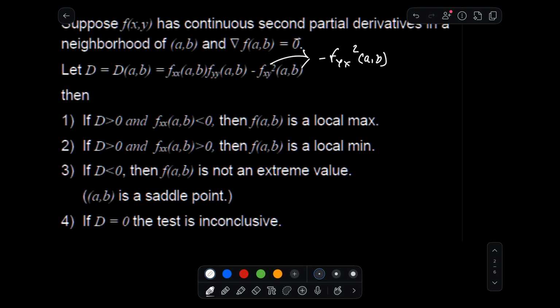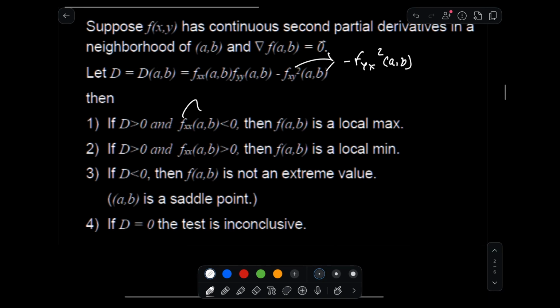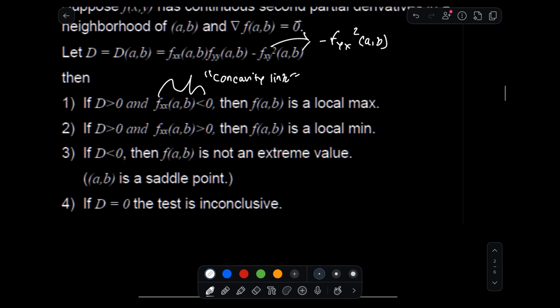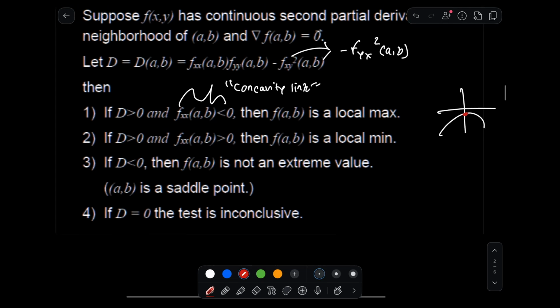So basically this is the kind of concavity link, because again, I guess we can imagine it to be like going like this. Right here is our max, it's concave down, technically that works, right?